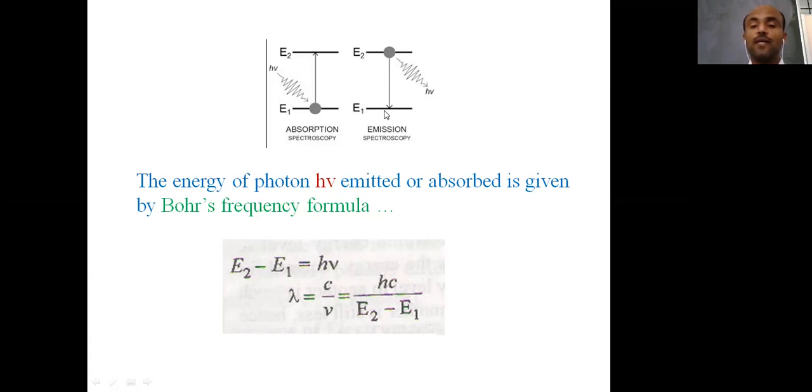It comes to lower energy level via emission of the radiation, that is called as emission spectroscopy, and the energy of the photon h mu emitted or absorbed is given by Bohr's frequency formula, that is E2 minus E1 is equal to h mu, and we know that lambda is equal to c upon mu. Therefore, by putting the value, we can write lambda equals hc upon E2 minus E1. In this way, we can calculate the wavelength of that emitted light.